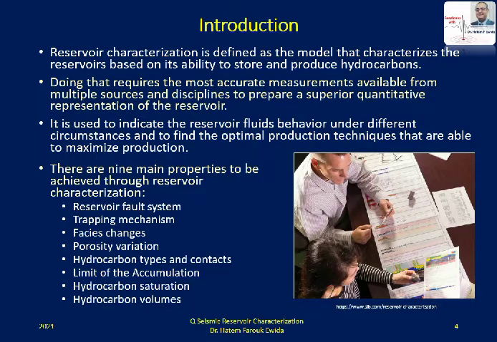Then the phase change and its effects on the reservoir limitation, the porosity variation, hydrocarbon types and contacts, meaning the fluid contacts, oil-gas, oil-water, or gas-water contacts, the limit of accumulation, how much hydrocarbon is in the reservoir, the hydrocarbon saturation, and also the volume in general.